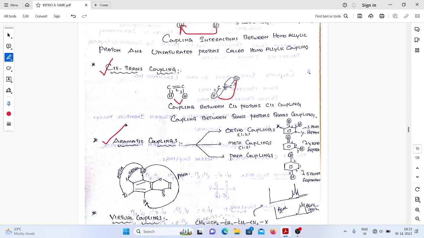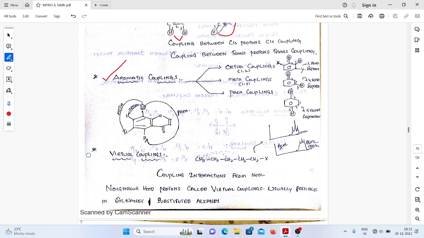Next, aromatic couplings. Already we know that if we have some substitution on benzene, then we will observe these kinds of couplings. See this, this is X group, this is Y group. These two protons are ortho to each other or not? Then such a type of coupling is commonly called ortho coupling, meta coupling, para coupling.